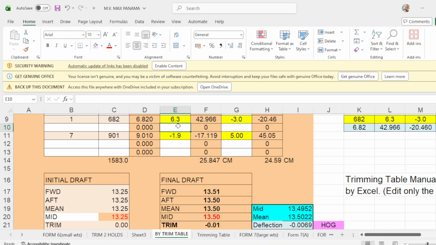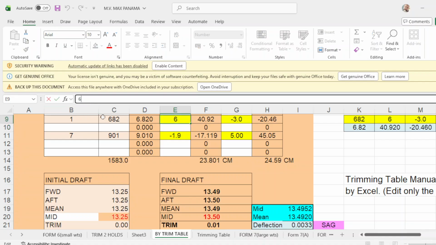So we put 6. That is trimmed by the stern. So we'll put 0.08.